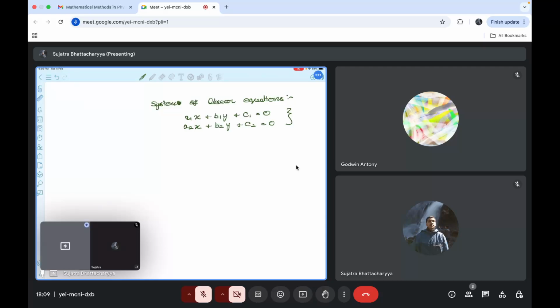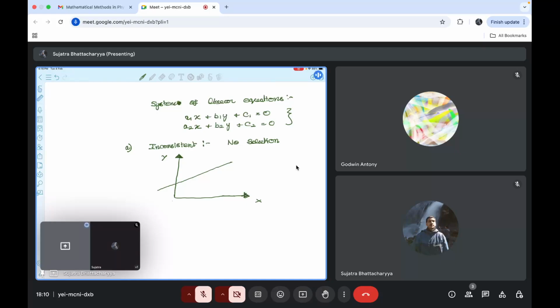Number one, you may have inconsistent solutions. Inconsistent means you might have no solution at all. You have two equations where there is no solution. For example, let us consider this graph I am plotting, with x and y axes. You have a line like this representing one of the equations, based on the a1, b1 and c1 values.